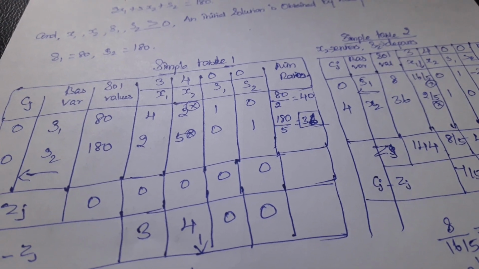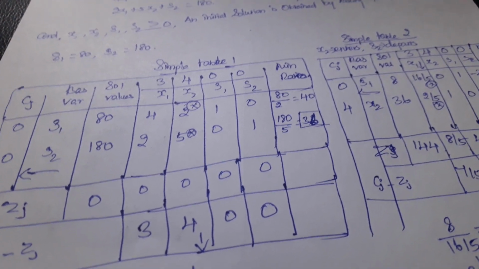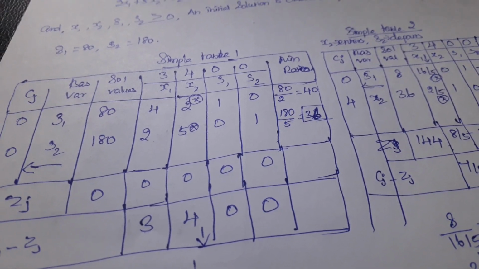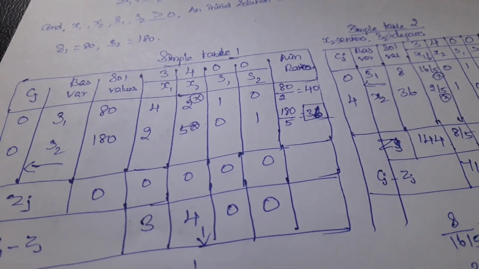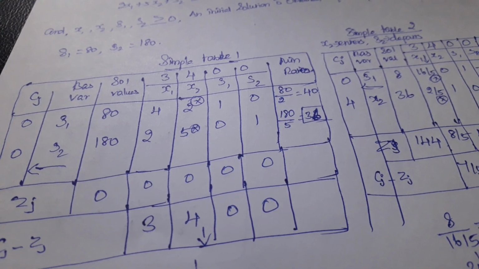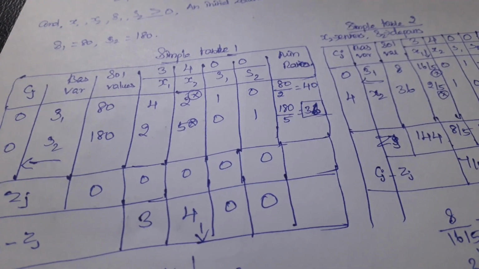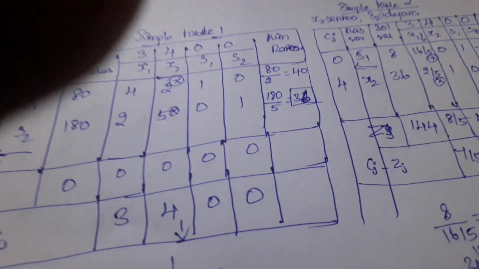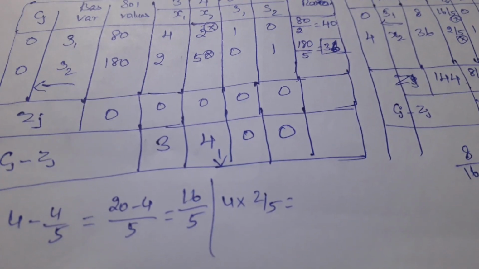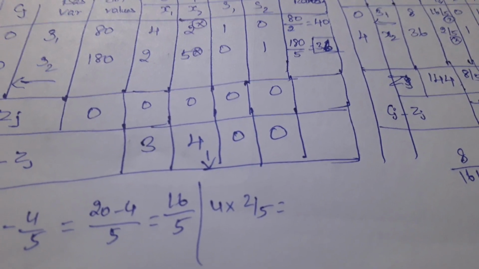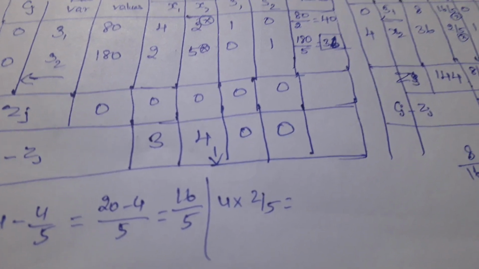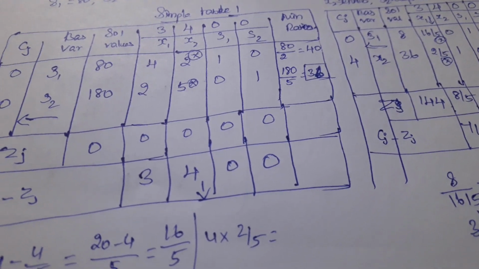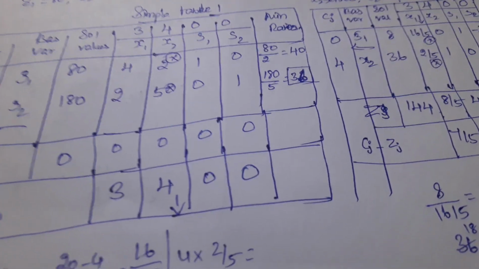Through this we find the minimum ratio, that is 36. The corresponding variable is S2, so we eliminate S2 as the departing variable. 3, 4 and 0, 0 is not optimal, so we have to achieve optimality; only then will the table be complete.